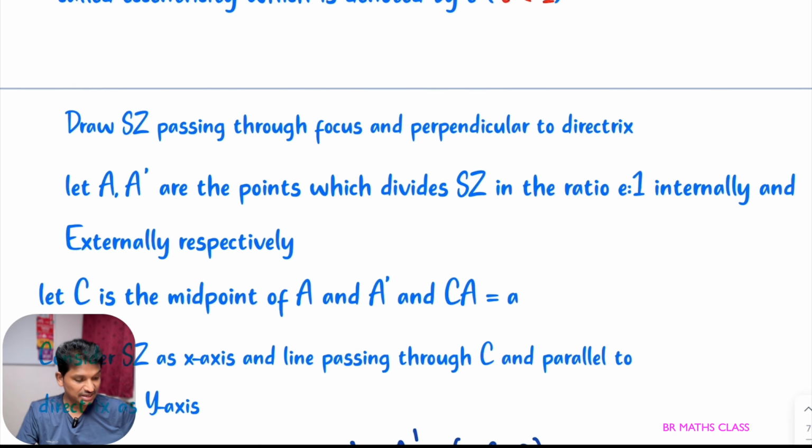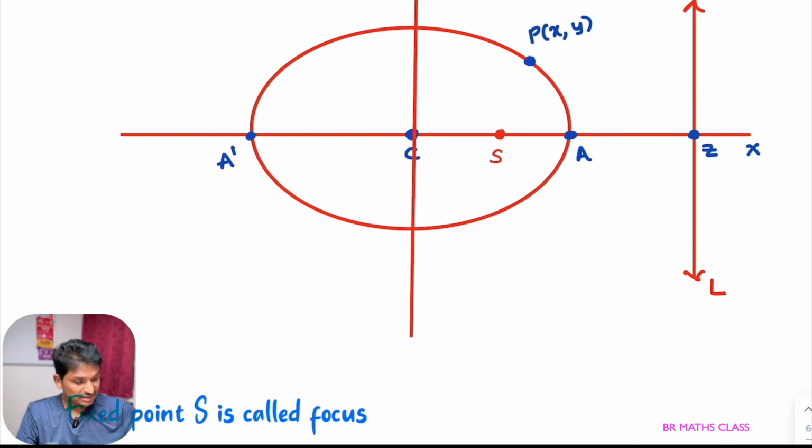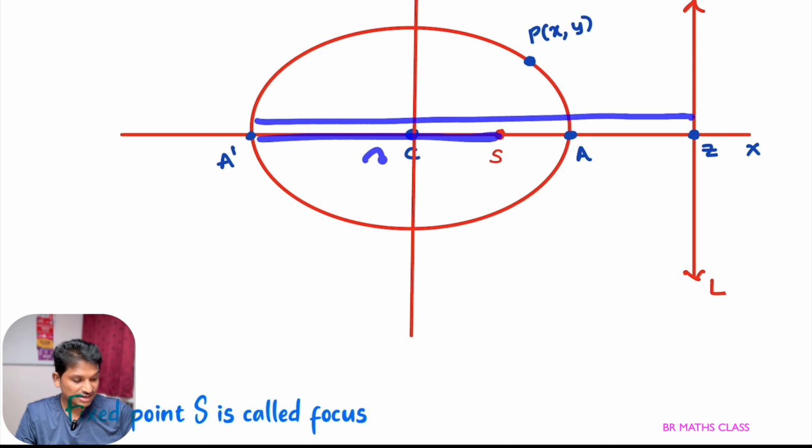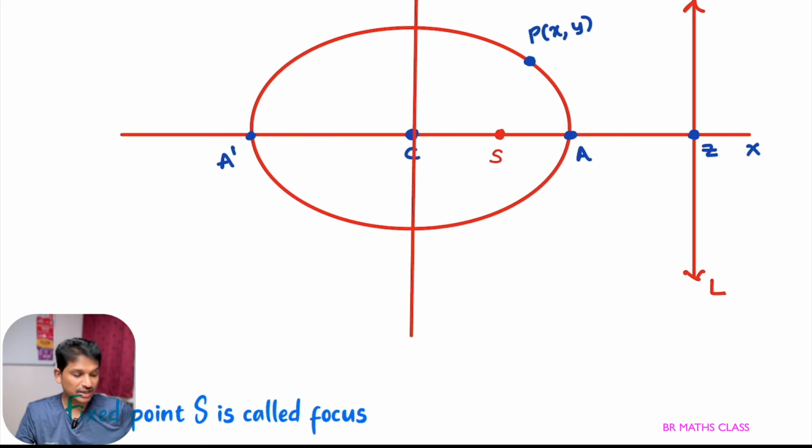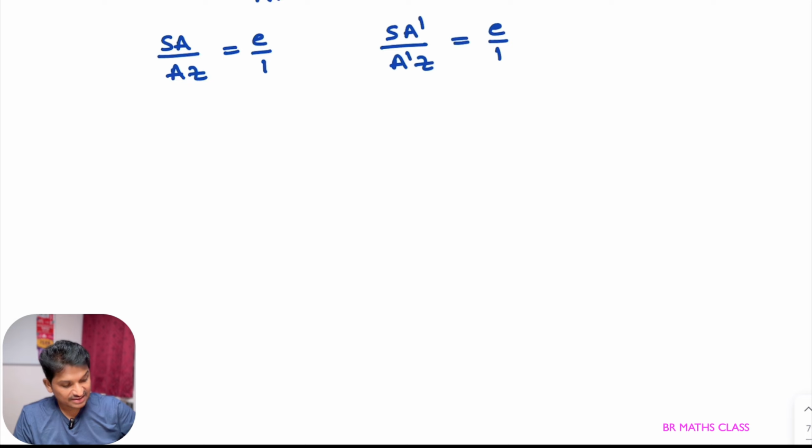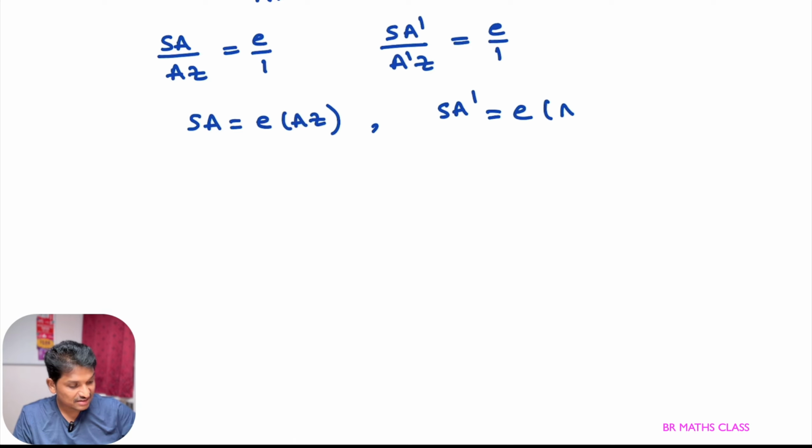Look here, SA dash divided by A dash Z, this ratio is E is to 1. Now, what is SA from this? SA is E into AZ. What is SA dash from this? SA dash is E into A dash Z. You take it as equation 1, and you take this as equation 2.